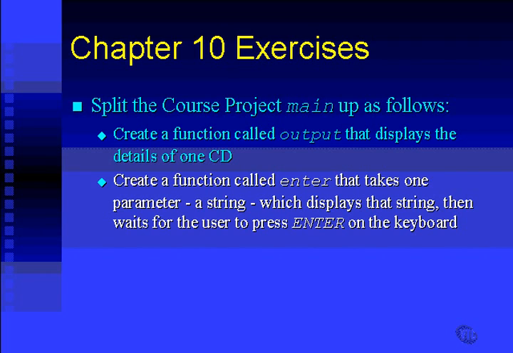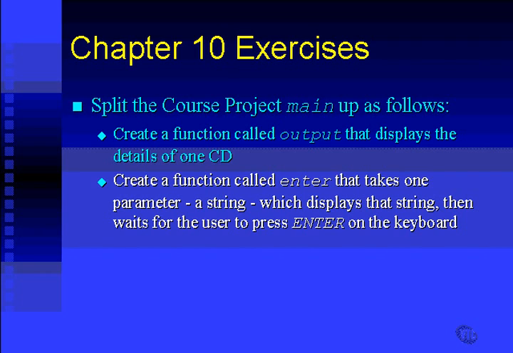Now I'd like you to create a function that is called enter. It takes one parameter, a string, and the function will display that string on the screen and then wait for the user to press enter. In other words, it's just going to be like a printf and a flush and a getchar, and that's about it. But that's the sort of thing we're probably going to need to do from time to time, so it may be useful for us to create a function to do it.